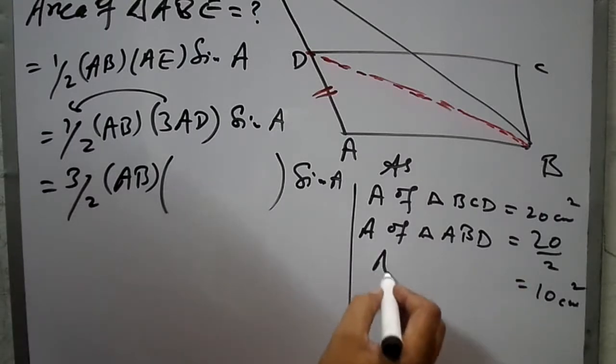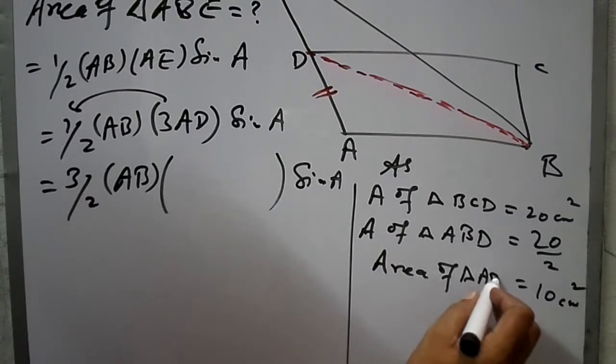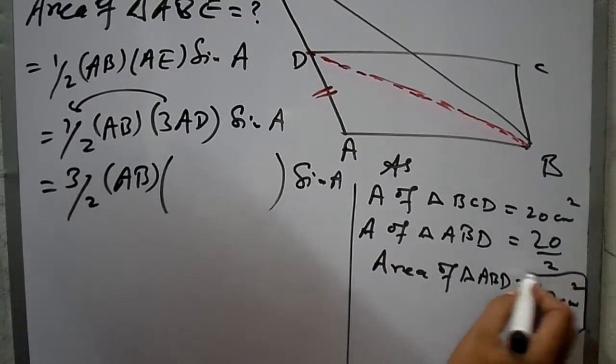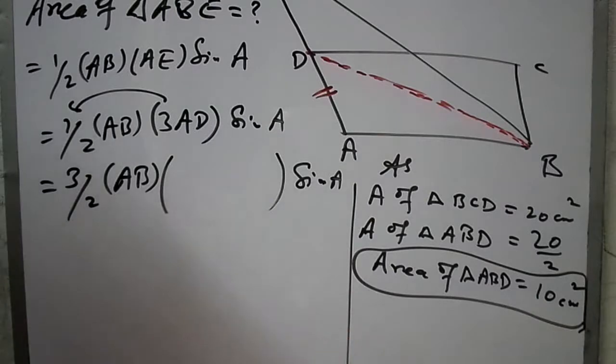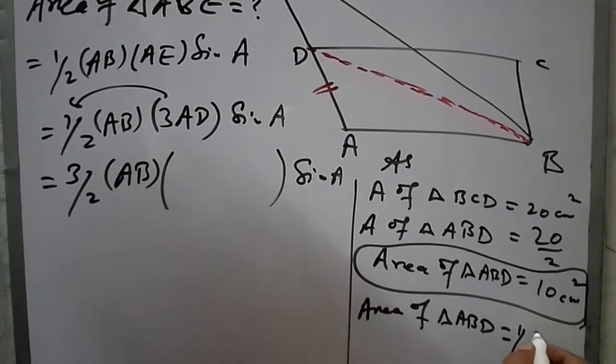So this result is helpful. The area of triangle ABD is equal to half base times altitude.